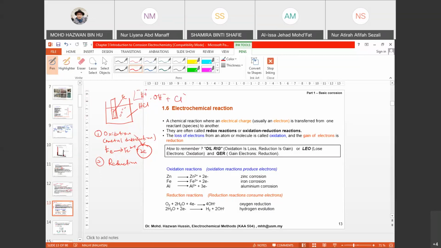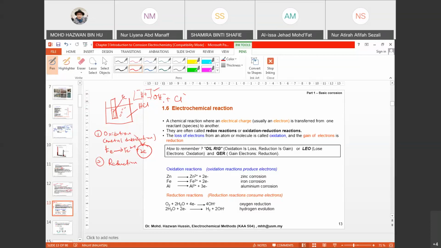So you have H+ more dominant, because as I said in the first two chapters, when you have a high concentration or high activity of one species in the electrolyte, this will reflect on your potential or your overall cell potential.